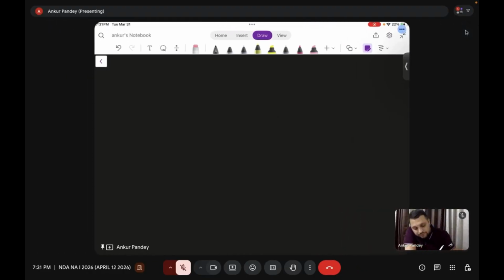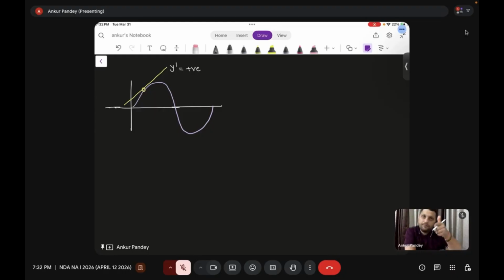So see, if I observe sine and cos, we know this is increasing, y dash is positive, we know it.